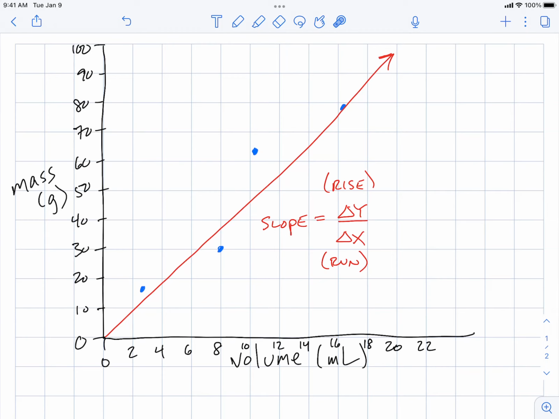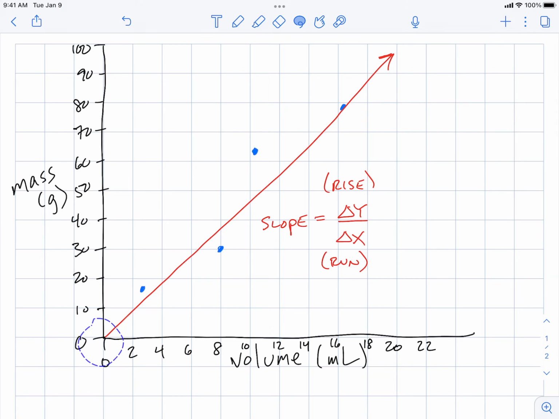Or we could choose, for instance, this point here in the middle. I know the volume is 10, and then it might be easier to estimate this way, maybe a mass of, say, 46. But it's just got to be somewhere on the line. Kind of a nice cheat code is that you can always use 0, 0. That's also a point on your line.